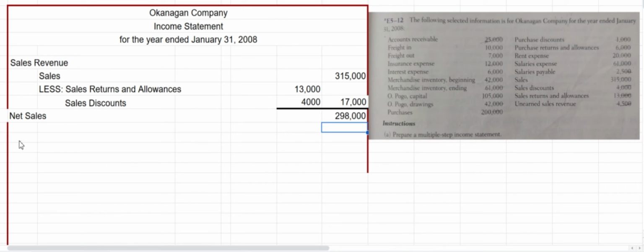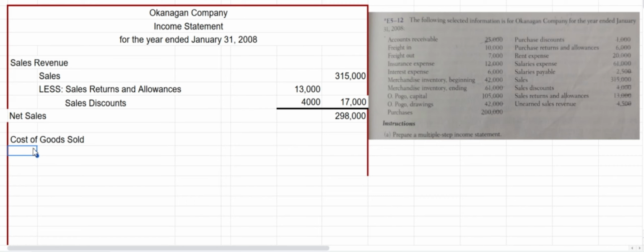The next part is to calculate the cost of goods sold. So since we're doing a periodic system, the cost of goods sold is calculated when we're doing the income statement, but not in the journal entries. So this is a bit confusing, but let's just write the accounts down first.